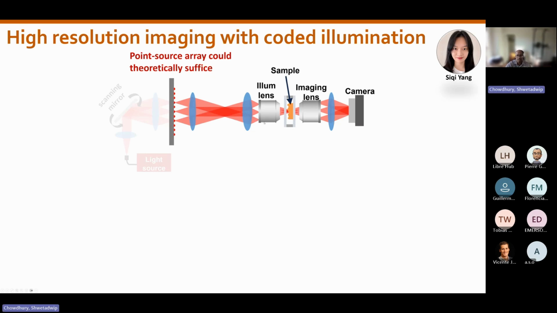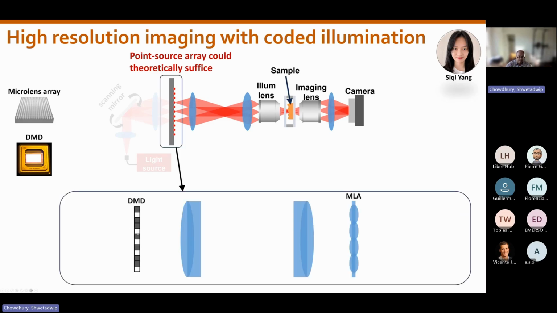Our current development here is to use a digital micromirror device, which consists of an array of individually controllable micromirrors, combined with a microlens array to achieve this effect.